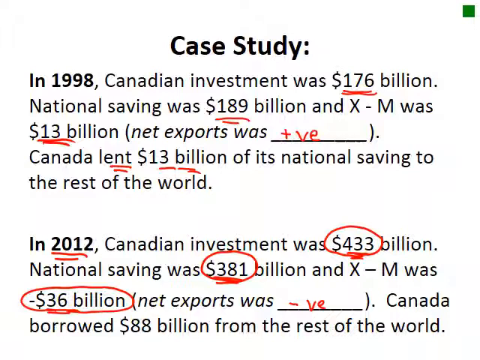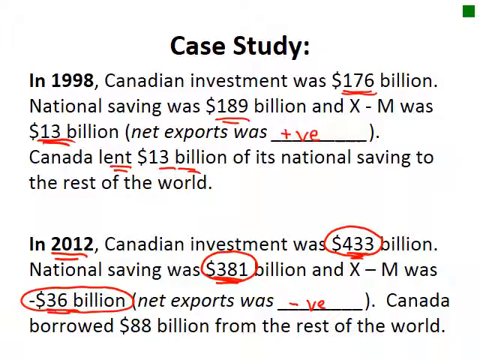So going back in time to 1998, Canadian investment was $176 billion. Our national savings was $189 billion, so we saved more than we needed for investments. And exports minus imports was $13 billion.